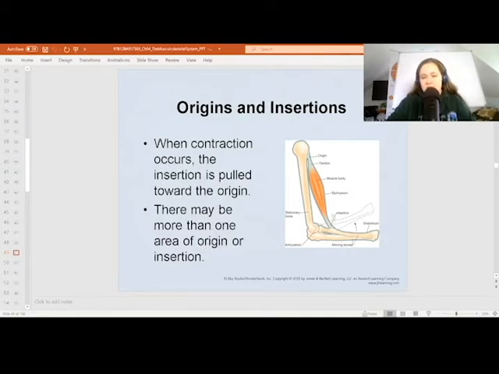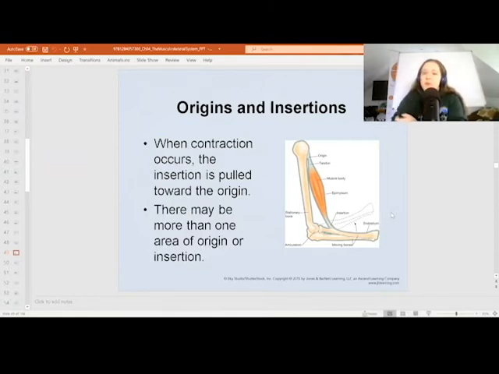So you can actually see the insertion point right here and the origin point up here on the bicep. Like I said in chapter 3, the skeletal system, when we were talking about joints, sprains and strains, when your muscle snaps, it folds up to usually the origin or insertion point, depending on how far away it is.